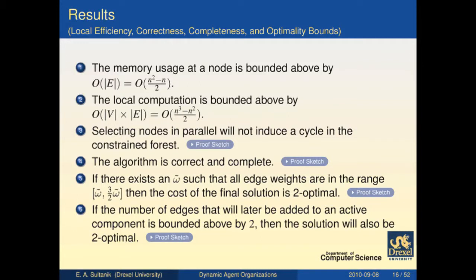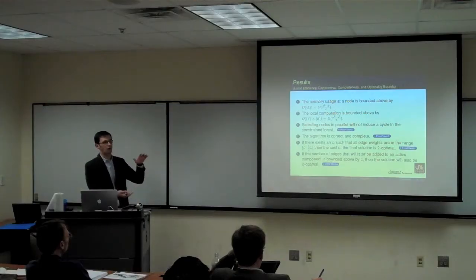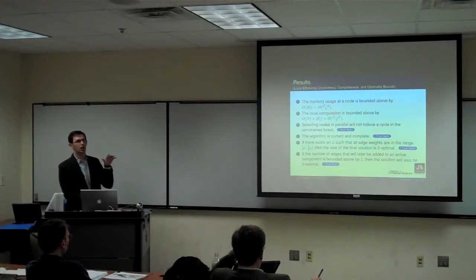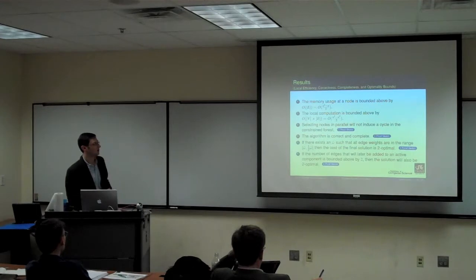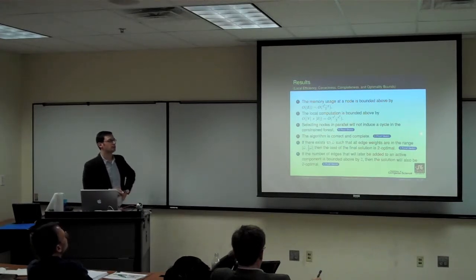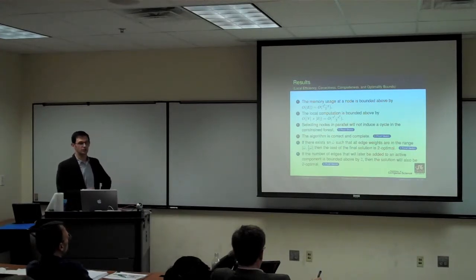Now, we have a proof that if there exists a metric space such that all of the edge weights fall into this metric space, basically if all of the edge weights are relatively close to each other, if the variance of their distribution is relatively low, then the solution this algorithm finds is guaranteed to be 2 optimal.